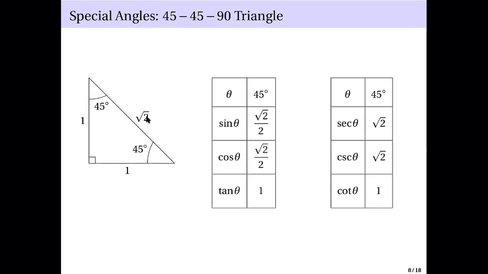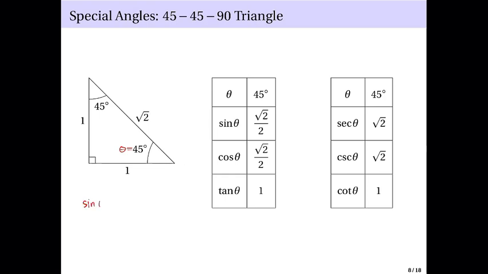So if we calculate the trigonometric values of 45 degrees, we will have the following. We can use this or this one here, it's the same. Let's take this as our theta.